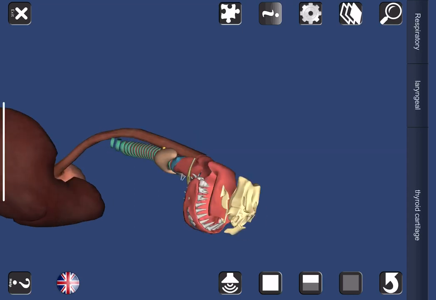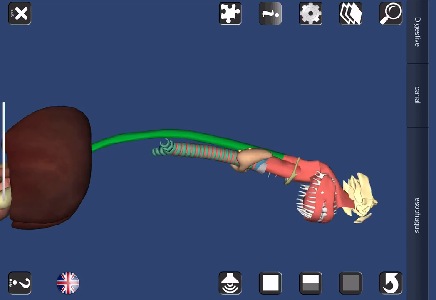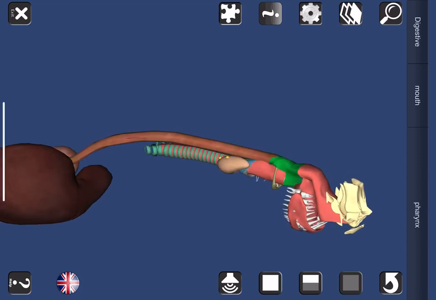The pharynx leads to the trachea and esophagus. Okay, so the pharynx is a common cavity that leads to the trachea and esophagus.